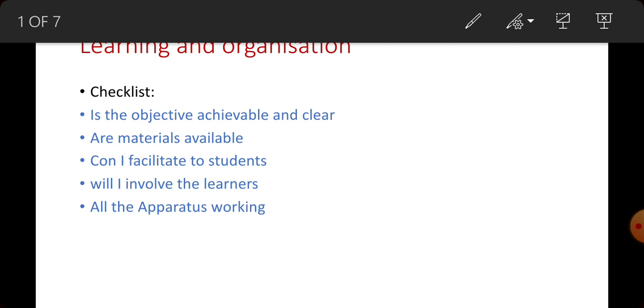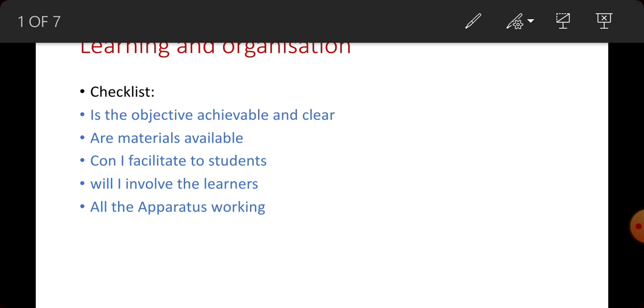The first one in the checklist: we should check whether the objective is achievable by the students or not, and whether it is clear to the students. The second one is whether whatever materials are required to do the lab work are available or not.